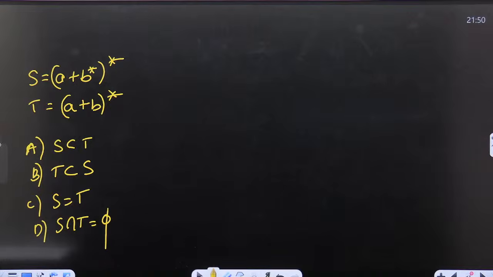See, if there is a subset, you can write with equal also. Proper subset is different and subset is different. Anyway, we'll see it in set theory.